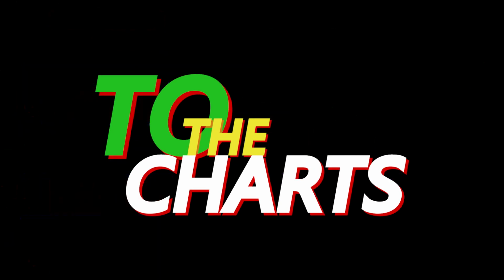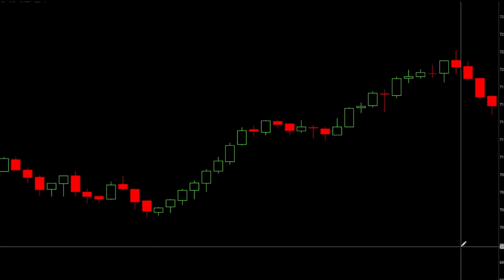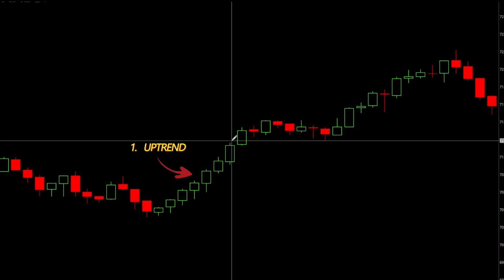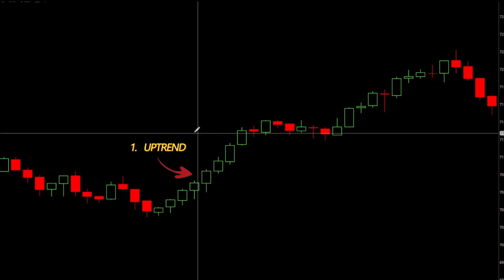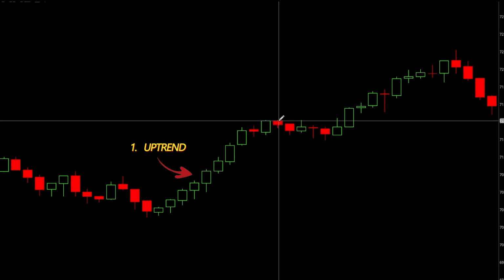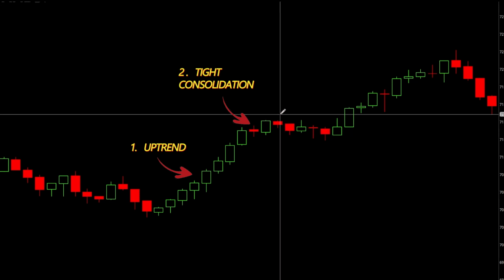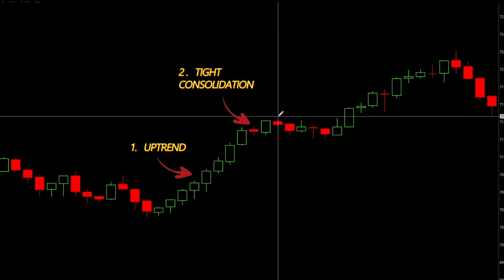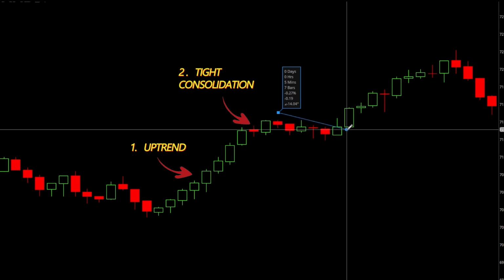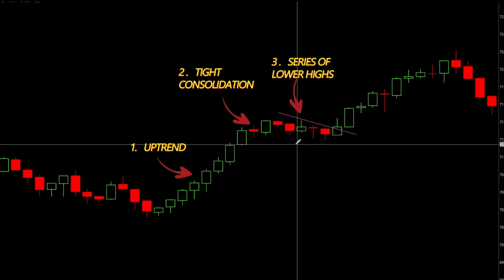All right, so I found one here in the charts. All right, so component number 1, we have this nice strong move up. All right, that's component number 1. Then we have this little tight consolidation here that moves slightly down. Component number 2. And then we get a series of lower highs.